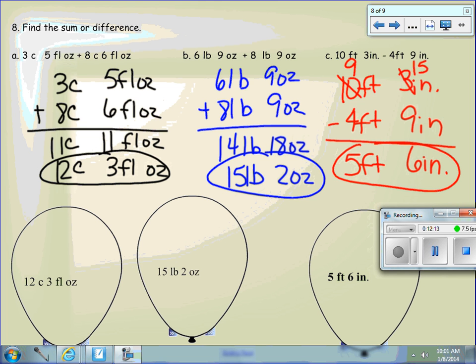So we're going to go over to the 10 feet, and we're going to take a foot from there and regroup it. We're going to use 1 foot, and there are 12 inches in a foot. We take those 12 inches and add them to the 3 that we already have, which gives us 15 inches. 9 from 15 is 6, so 6 inches. 4 from 9 is 5 feet.